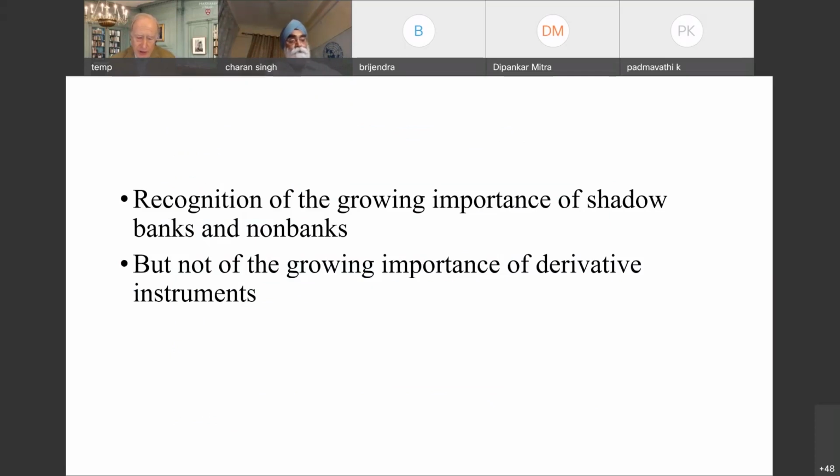of derivative financial instruments. In effect, we have diversified our research focus with respect to institutions, but not with respect to instruments.